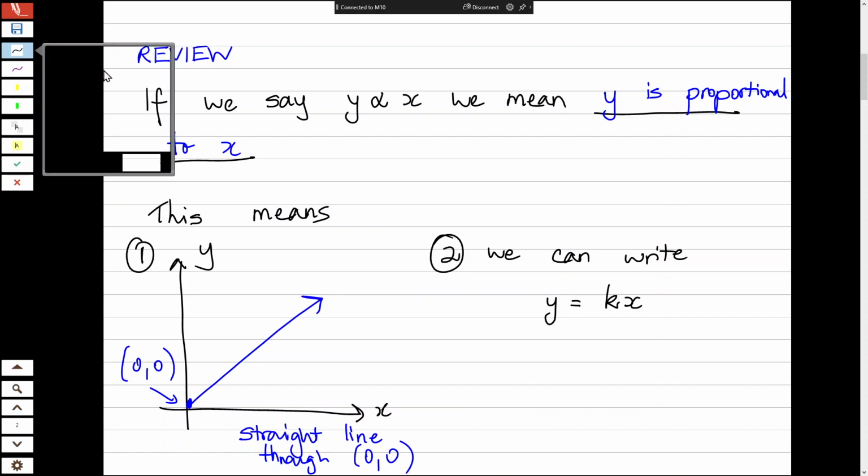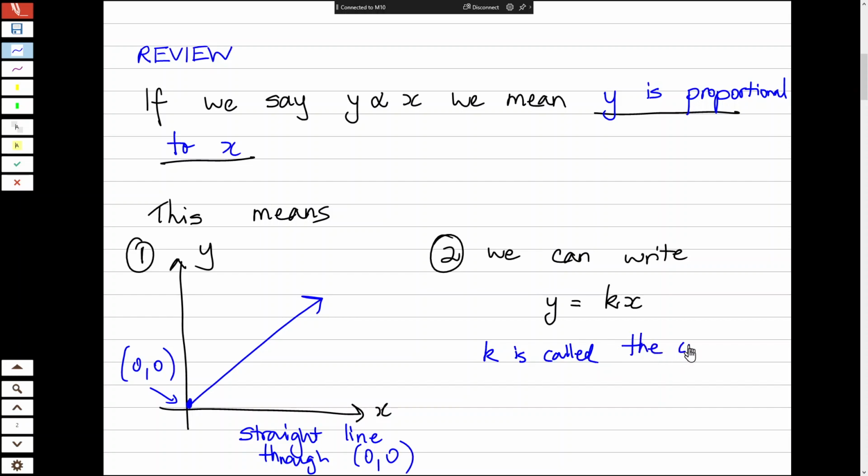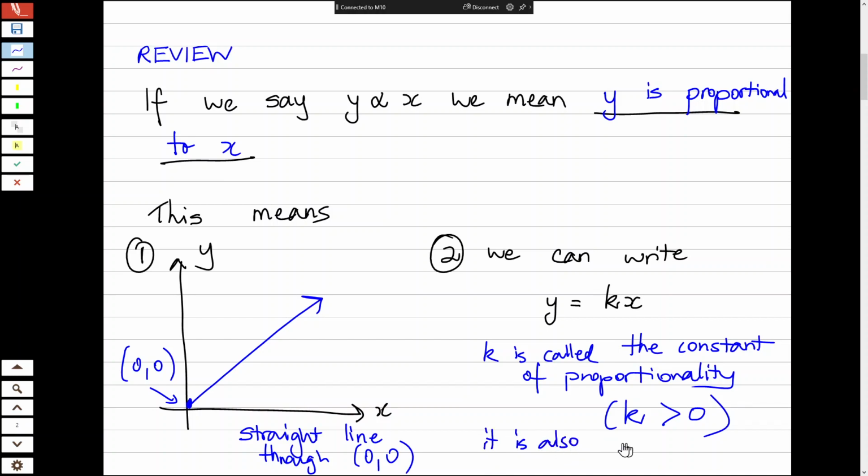And we give a name to the letter k. K is called the constant of proportionality. And by convention, we assume that k is positive. I didn't draw enough attention to this last lesson, so we're assuming that the gradient is positive here. Okay, so k is also the gradient on the left.